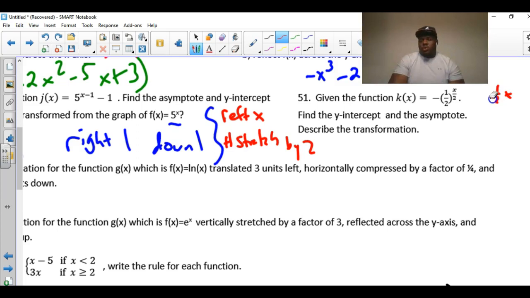So you do the reciprocal because it's in the parentheses with the x. So 2x. Yeah. So there we go. Now we need to describe the transformation. Oh, we did describe the transformation. The y-intercept we saw was 0, negative 1. Let me check that.